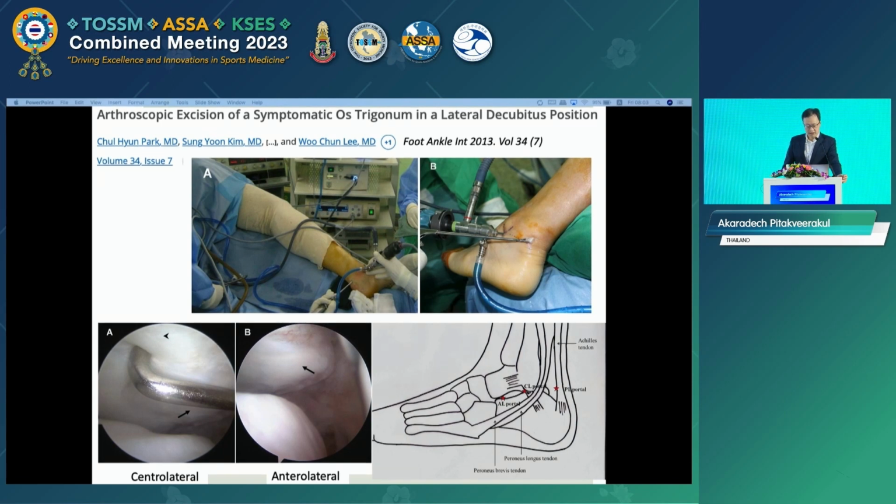He used subtalar arthroscopy with a 2.7 mm scope through the AL, CL, and PL portals to debride the inflamed tissue around the subtalar joint, identify the synchondrosis from the centrolateral portal, and detach the os trigonum with a dye shaver and curettage, then remove it from the posterolateral portal. They reported a good outcome, and the mean time to resumption of sports activity was about 6 weeks.